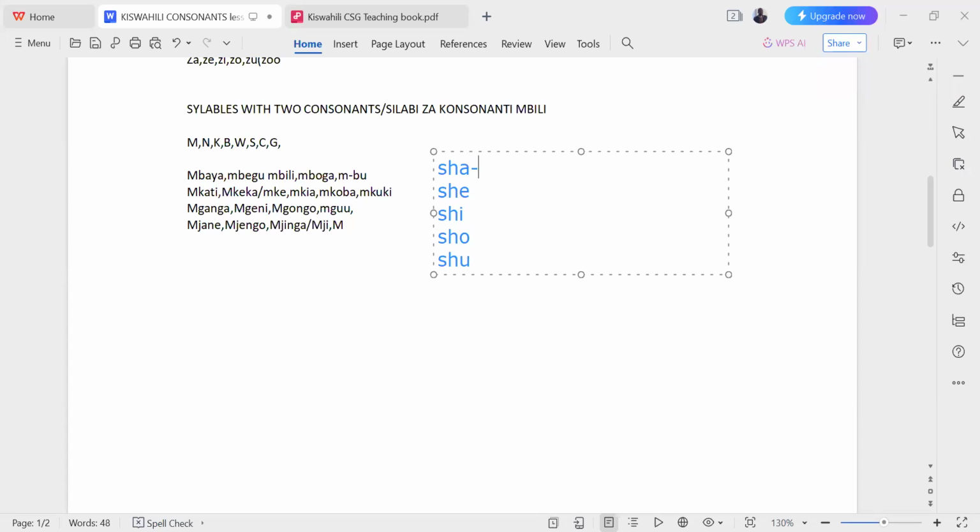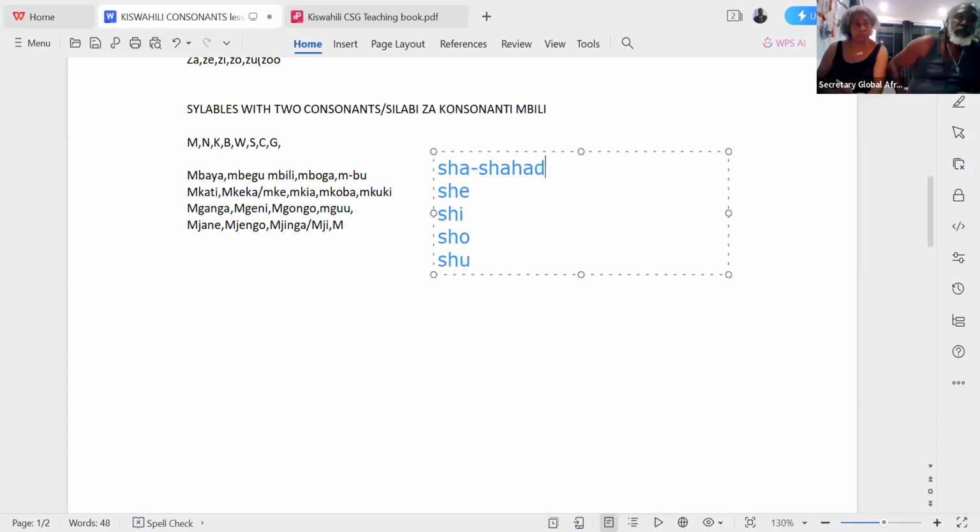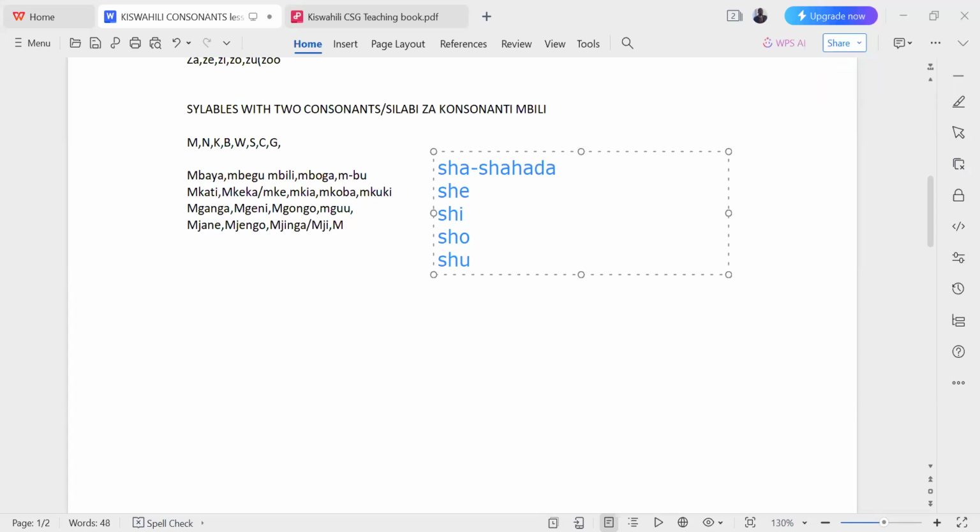For example, sha, let's think of shahada. It might be very hard. Shahada is a very rare word to be used, but shahada means degree, the degree you graduate with.